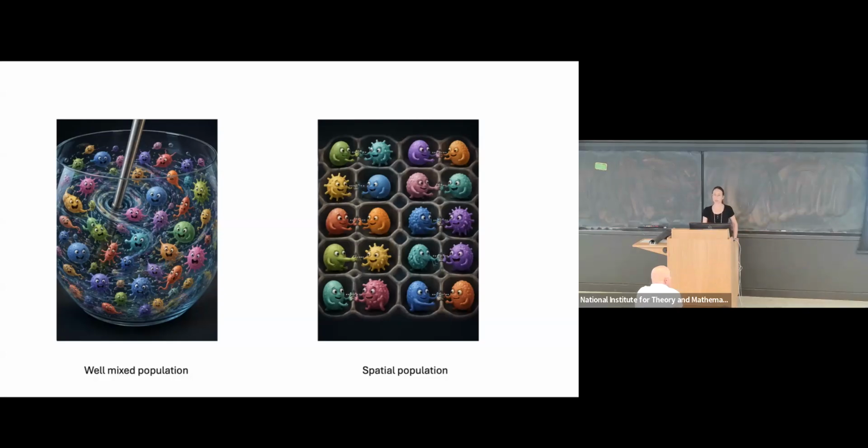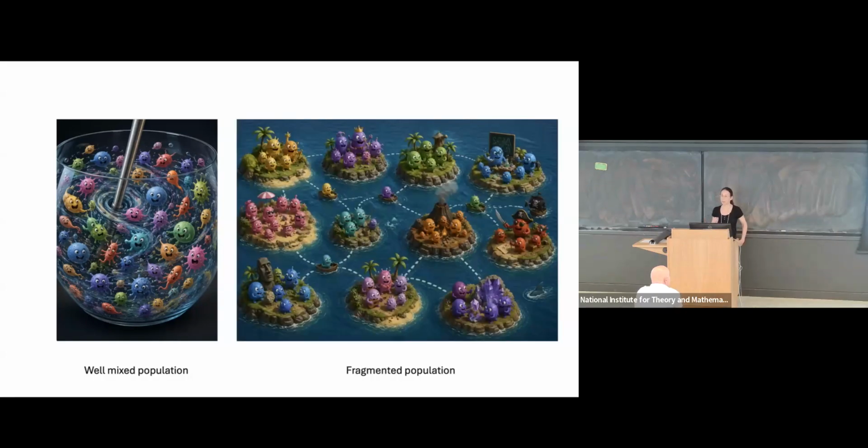And the proxy to this, and a nice way to study some of the properties of spatial populations, is fragmented populations. So we have islands where on each island individuals interact like well-mixed, and there's a degree of communication among the islands through migrations. So we'll look at all of these.